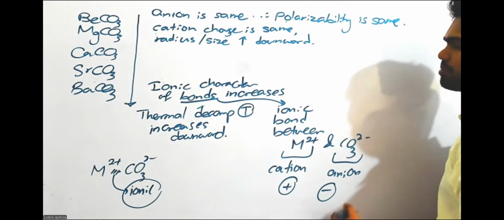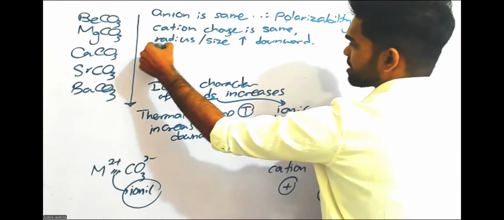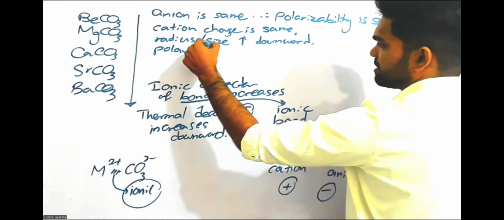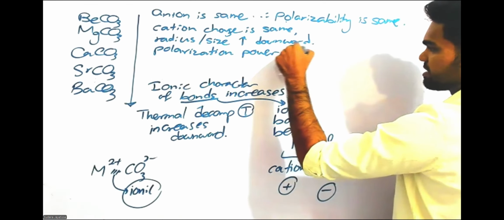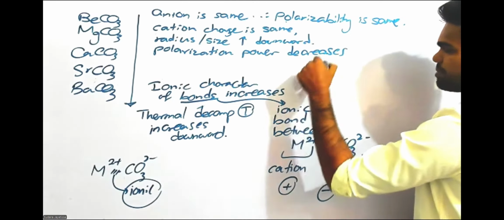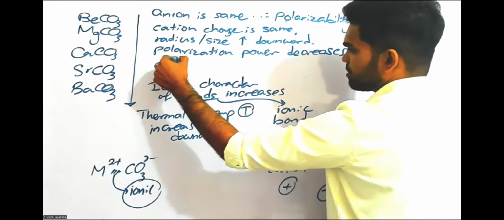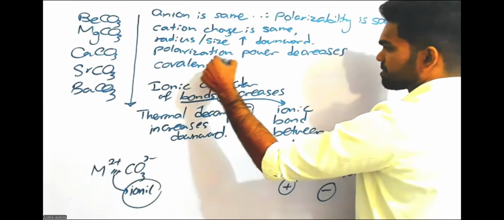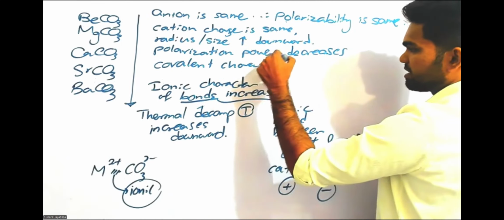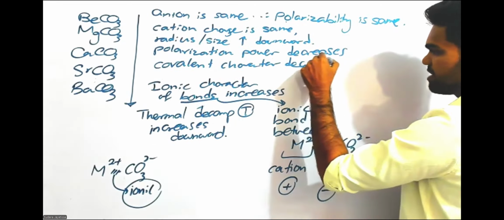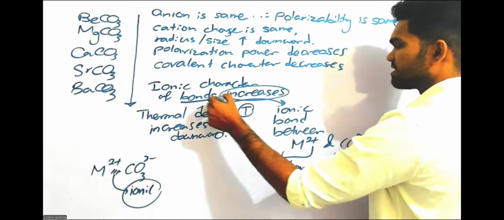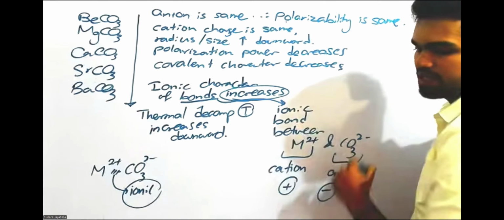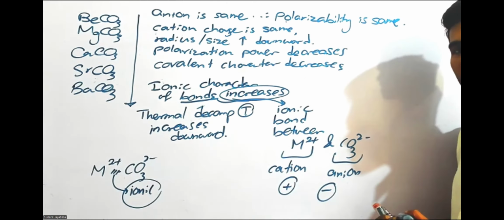Therefore, what will happen to the polarization power? Polarization power decreases. As the polarization power decreases, covalent character decreases. Then what will happen to the ionic character? Ionic character will increase. Therefore, thermal decomposition temperature will become higher.